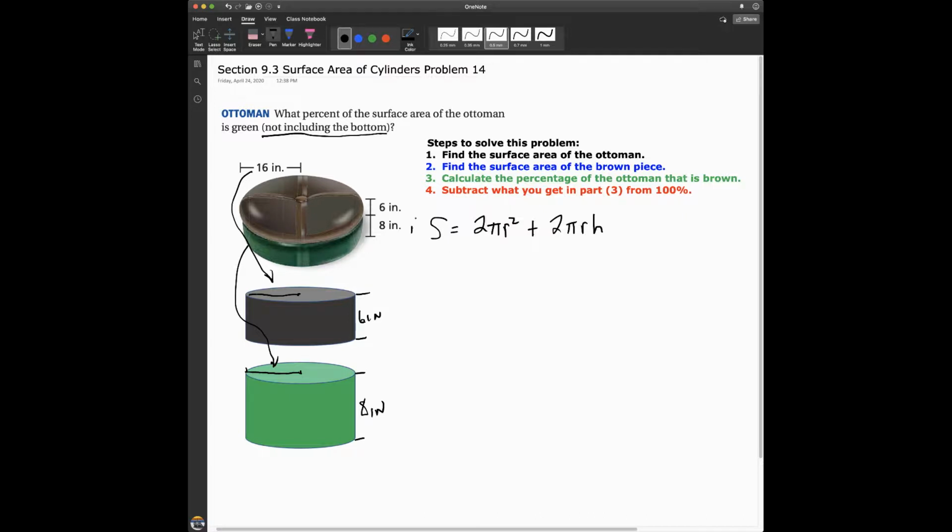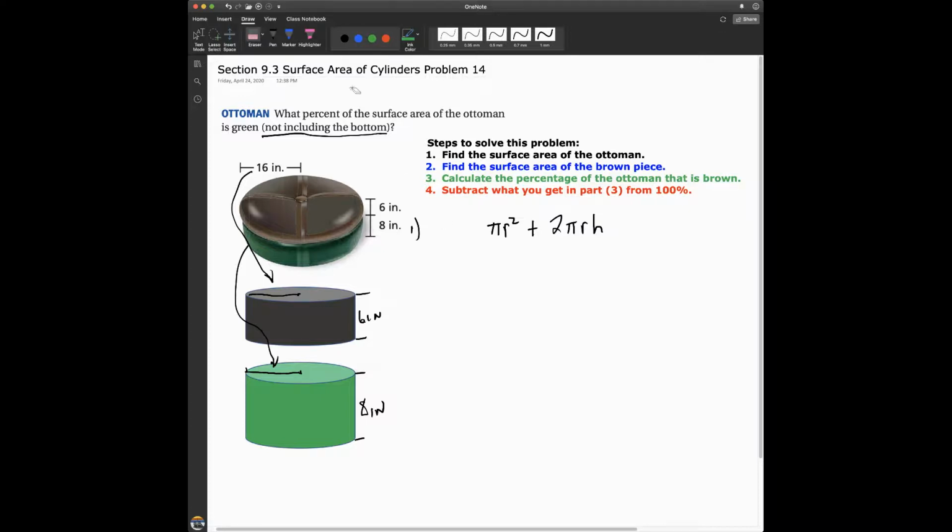Now, this part of the formula gives me the area of 2 circles. But since I don't want to include the bottom, I don't need the area of 2 circles. I just need the area of 1 circle.